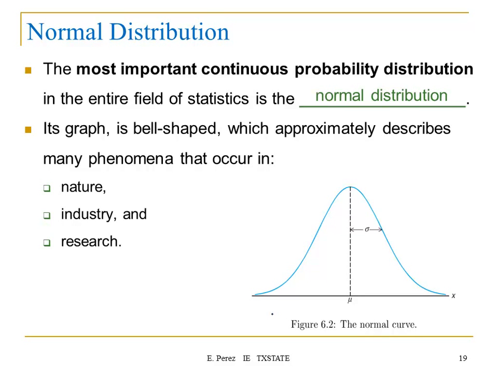Its graph is bell-shaped, as you can see in this figure, which approximately describes many phenomena that occur in nature, industry, and research. So that's why this is very important. You can describe many phenomena using the normal probability distribution.